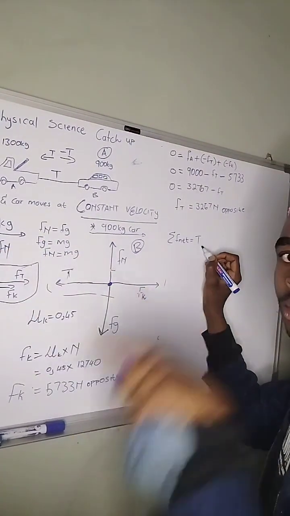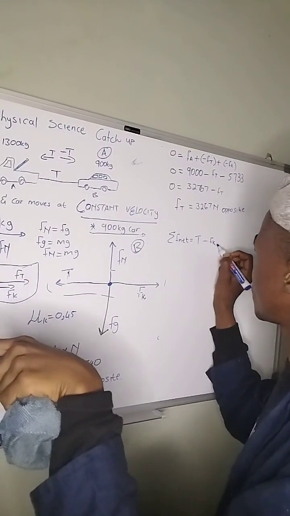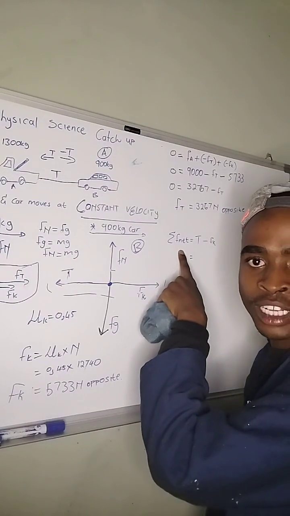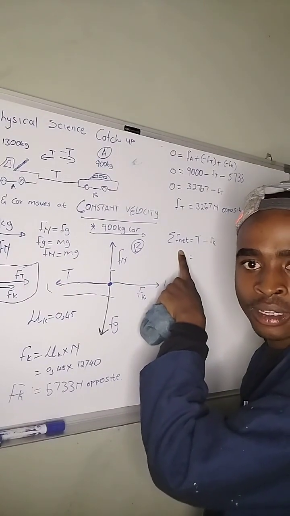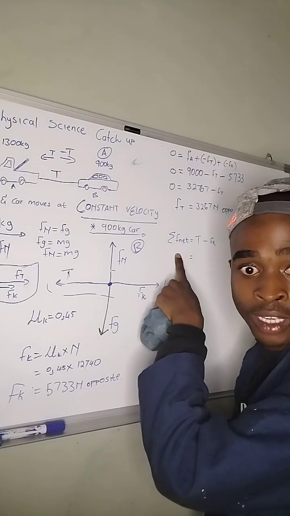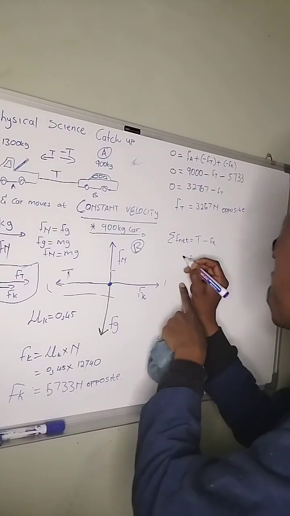So it's going to be T minus Fk. What is the value of F net? The F net is going to be 0.